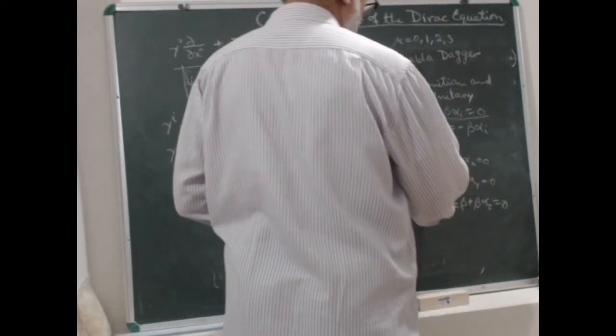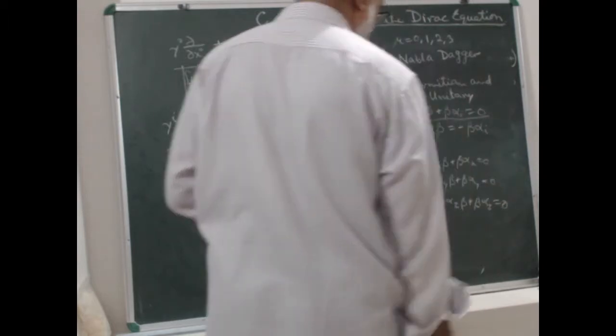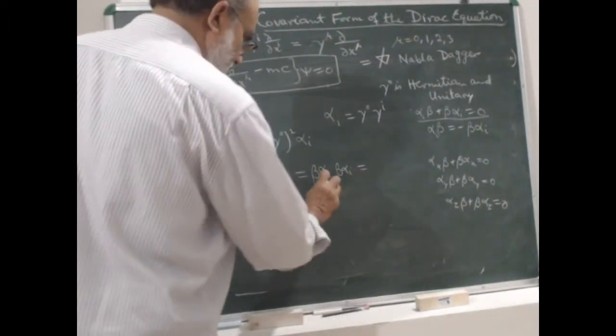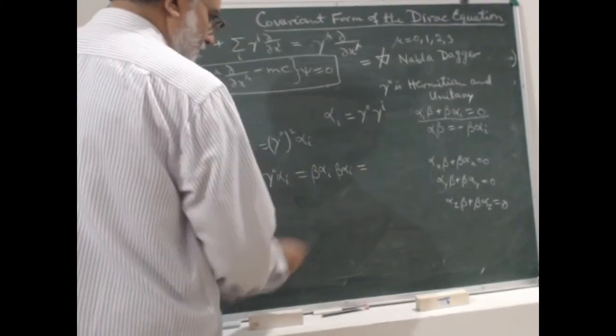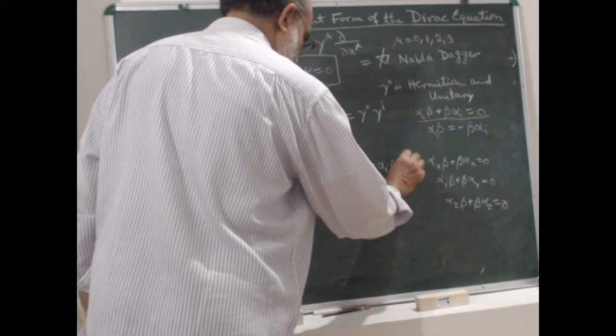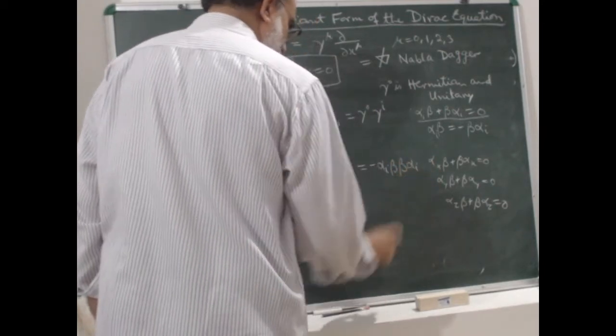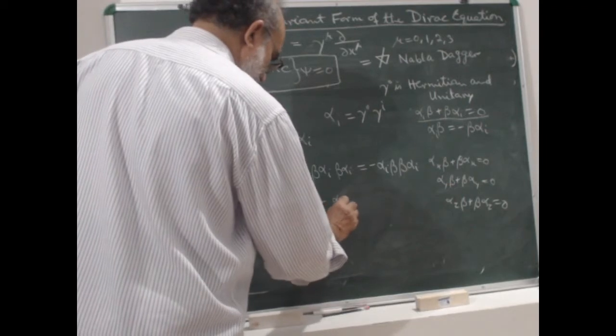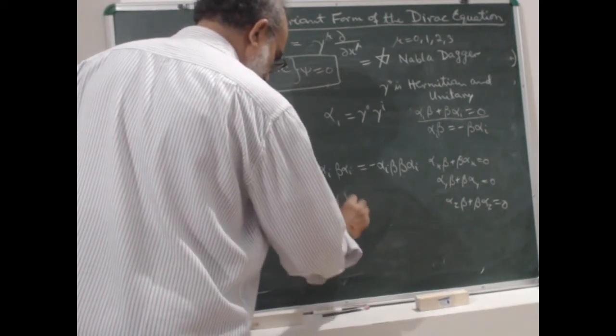It means alpha I beta can be written as minus beta alpha I. So in this equation, this can be permuted with a minus sign here. So it will be minus alpha I beta beta alpha I. And we know that beta square is 1. So it is minus alpha I whole square.